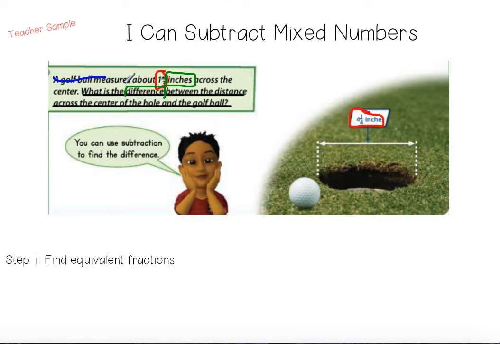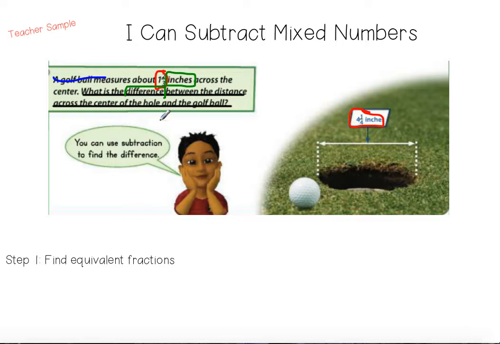So I boxed the word difference, and when we see the word difference, we should automatically think that a difference is the answer to a subtraction problem. Difference literally means the answer to a subtraction problem. So if they're asking us what is the difference, that means I'm going to have to subtract something, right?